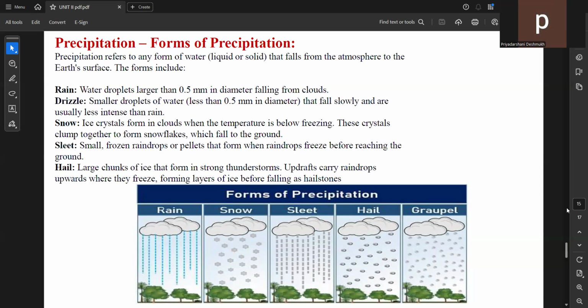So these are the examples of precipitation. Sometimes it is a light rain, heavy rain, or small rain. So these are the types of precipitation which come to the earth's surface.